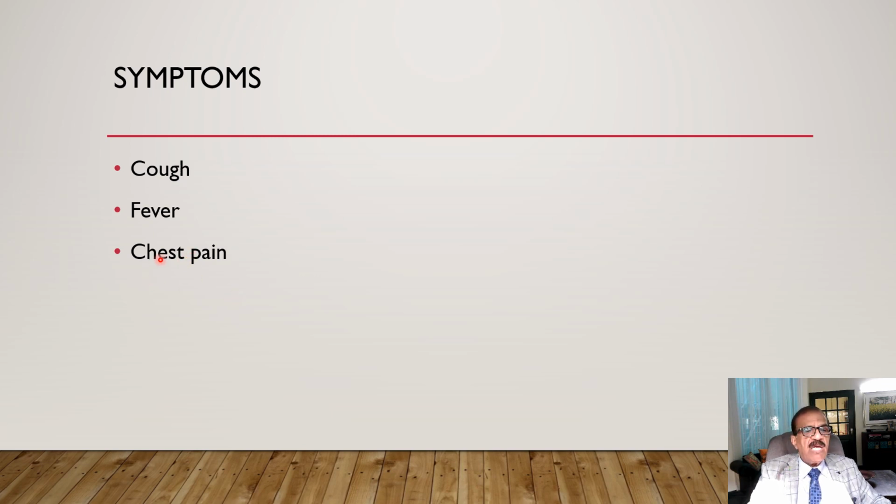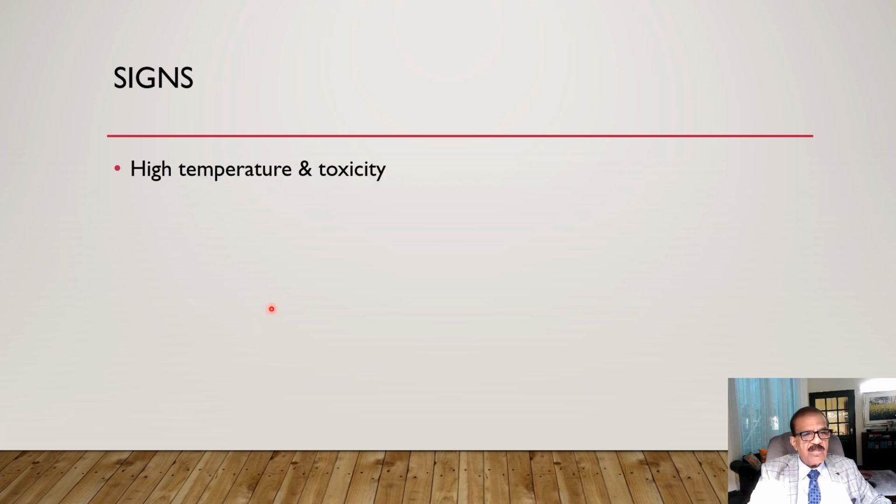Because of the inflammation of the overlying pleura, whenever we do these things, both layers of pleura rub against each other, and that causes pain. So pain may be severe, and it is usually pleuritic in nature. Then once expectoration starts, it is rusty sputum, as I have already explained. So these are the symptoms, and then let's talk about signs.